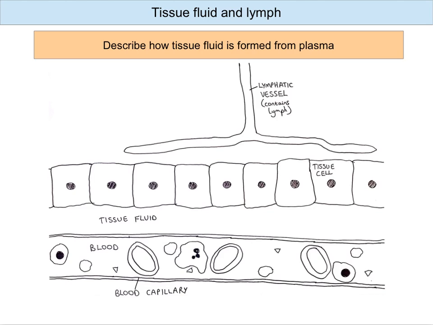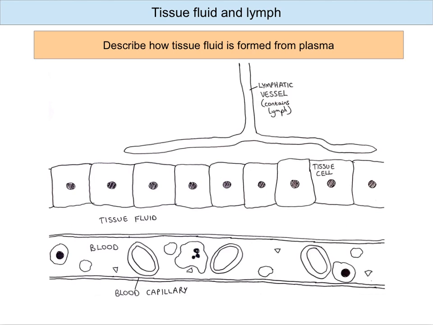We're now going to describe how tissue fluid is formed from the plasma in the blood. So let's consider the water potential in the blood compared to the tissue fluid. As we discussed, there are far more substances suspended or dissolved inside the blood compared to tissue fluid.